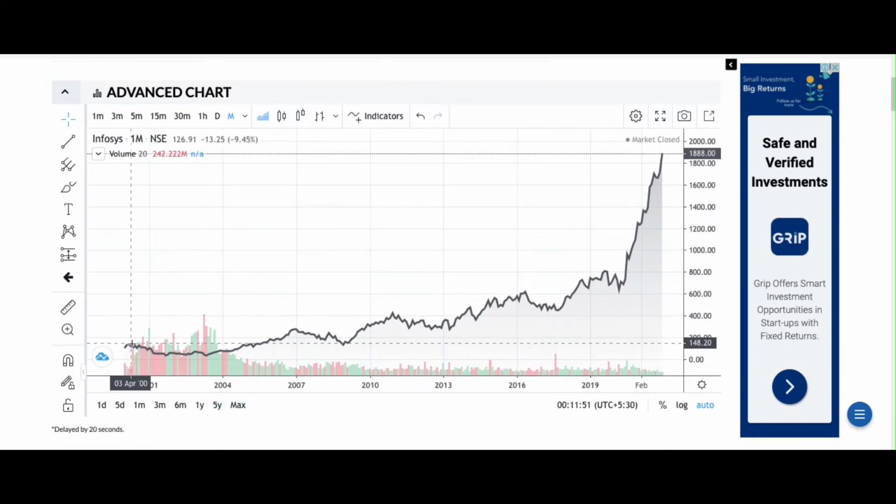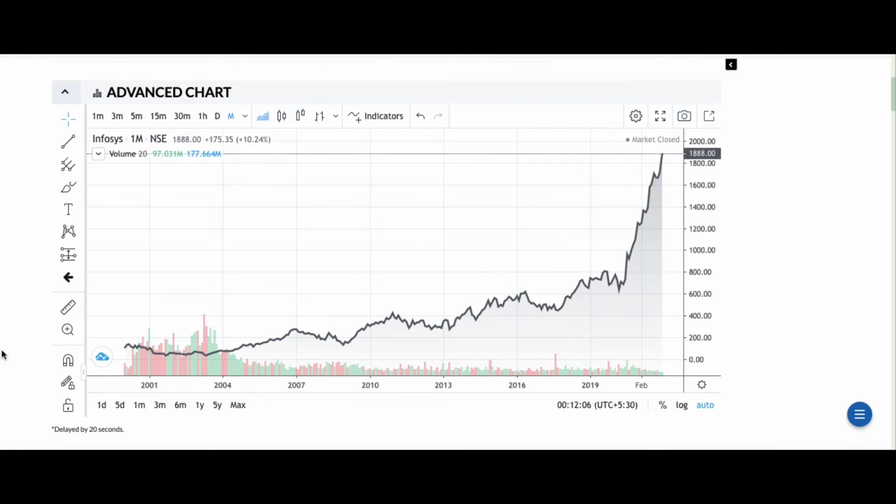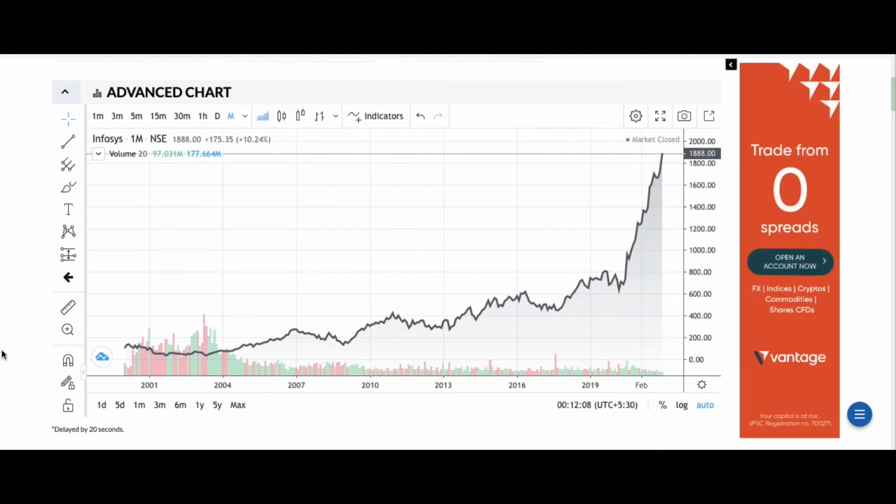However, this stock requires patience. There is a lot of movement sideways and then the stock takes off, so it's not like you'll invest a certain amount of money today and expect the returns to come tomorrow. That won't happen in this stock.